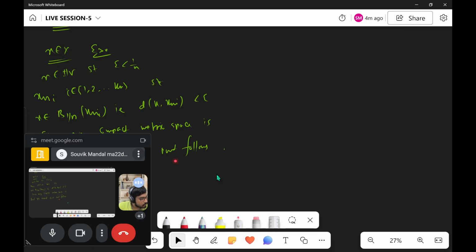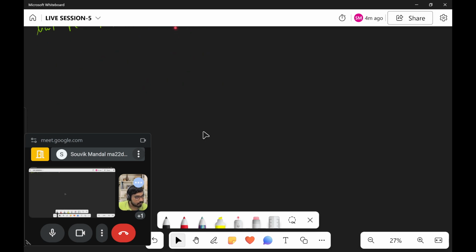So is that clear? I hope so. I'm writing down the next question. Please think about it at home. So let X_i be sequentially compact spaces.